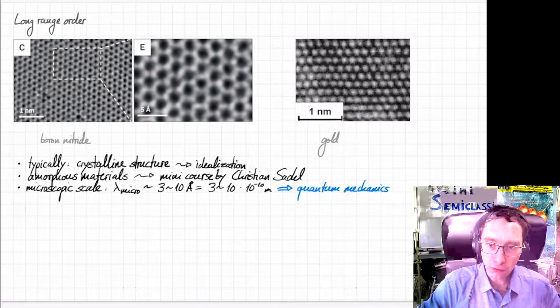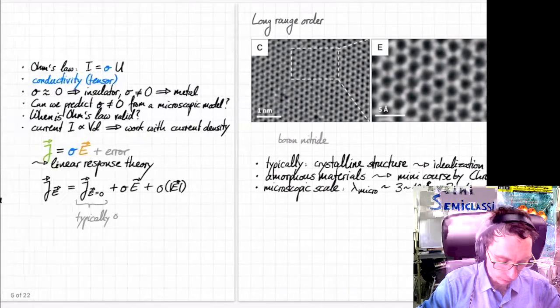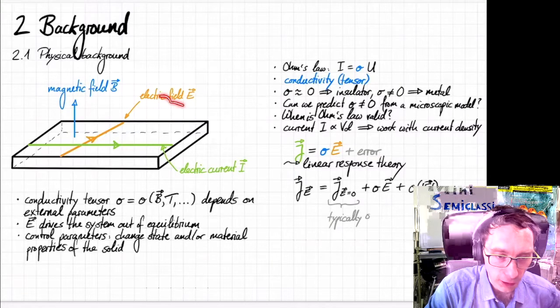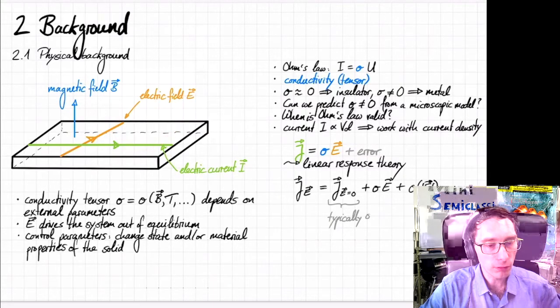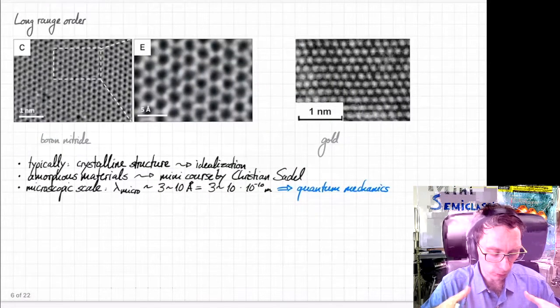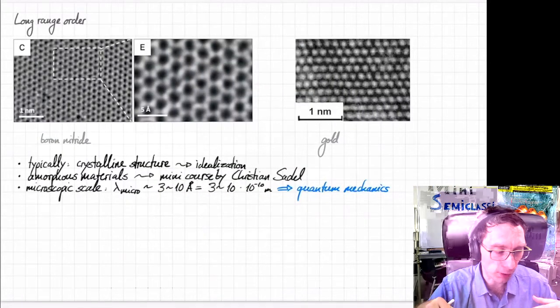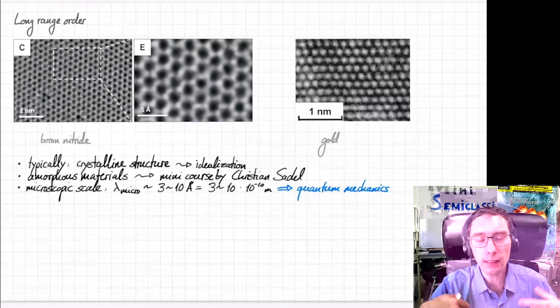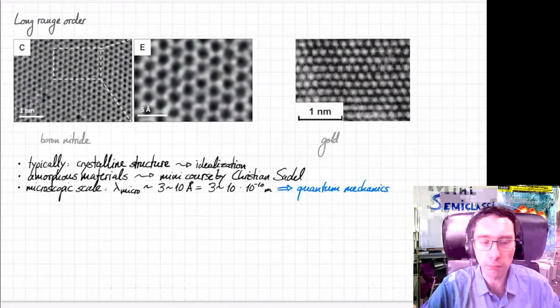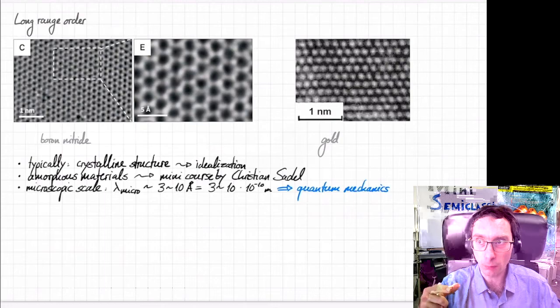Now, if we zoom out, and let me just remind you that this here is a macroscopic sample. So you can imagine that you have a sample size of, let it be millimeters, but even tens of micrometers. This is very, very large on the atomic scale.